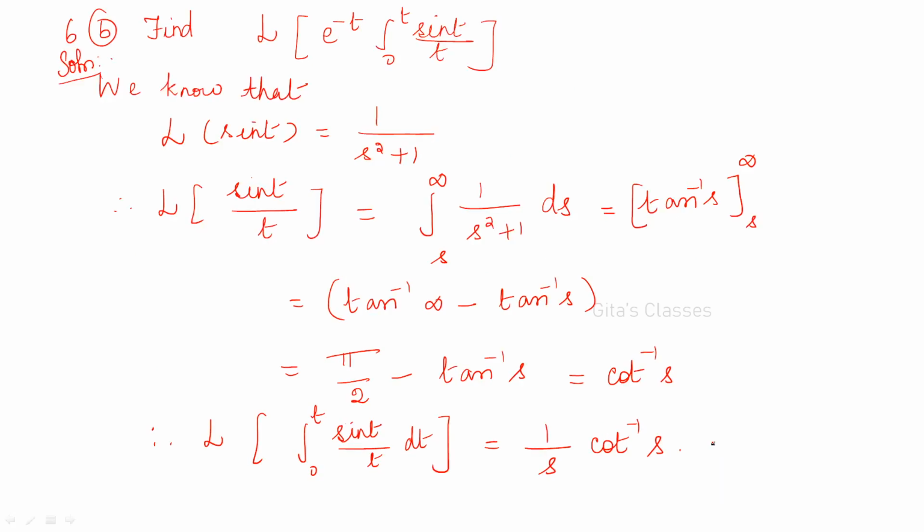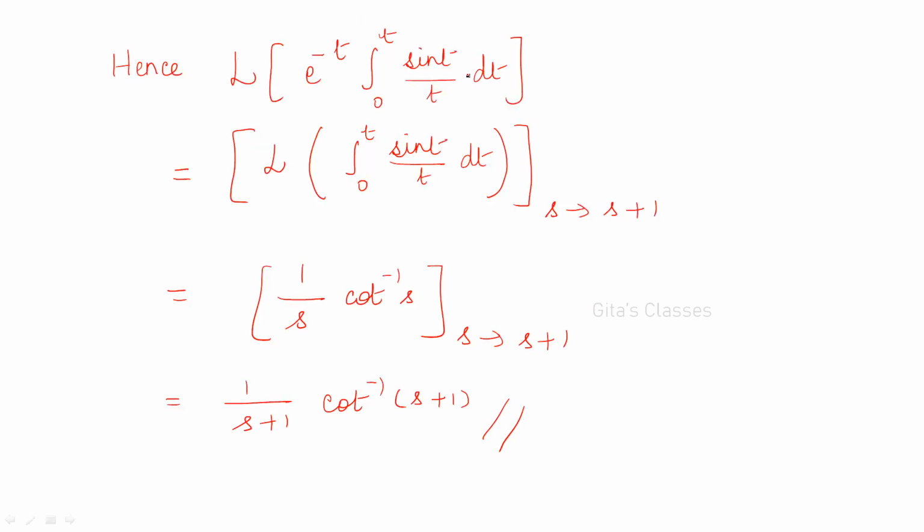Next is L of e power minus t into integral 0 to t sin t by t. So L of sin t is 1 by s squared plus 1, divided by t means integral s to infinity. It is similar to the previous problem, and integral 0 to t sin t is 1 by s into cot inverse of s.